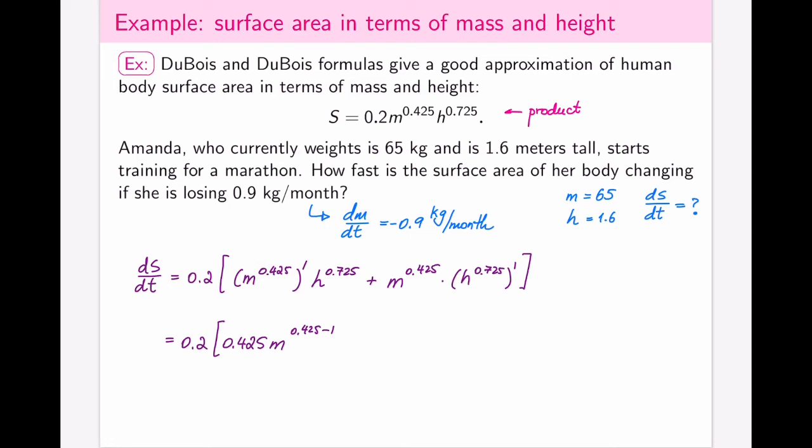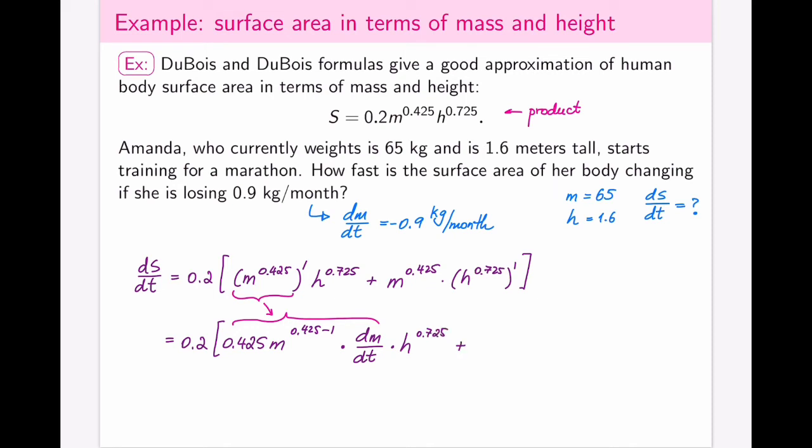So I have to follow this up with the chain rule, multiplying by the derivative of the inside function, the dm by dt. Okay, now this just corresponds to my derivative here. And then of course I better not forget that this entire expression was followed up by the multiplication by h to the power of 0.725.